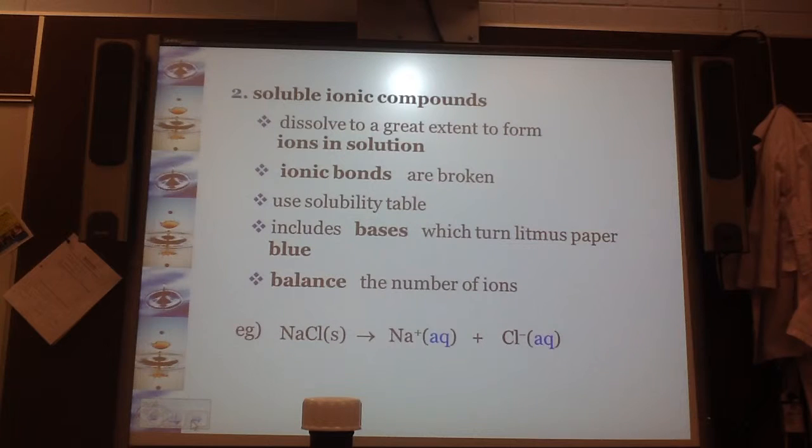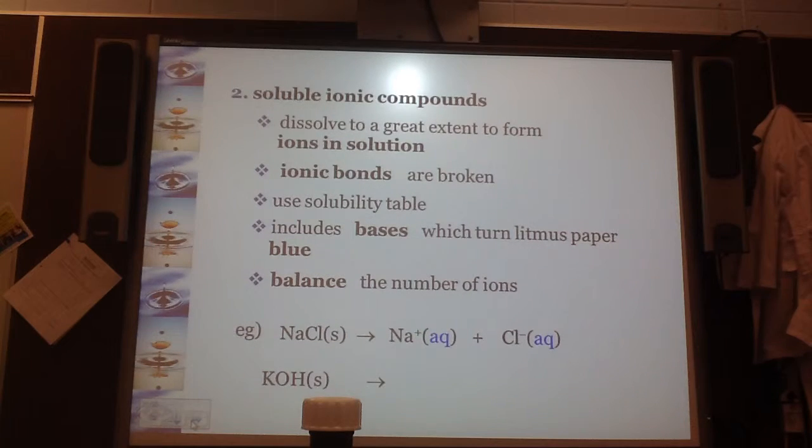Write down that. And remember on your data booklet where it says group 1 ions, don't forget about those. Group 1 is everything here. If you combine these with anything, they're soluble. So just don't forget about that.